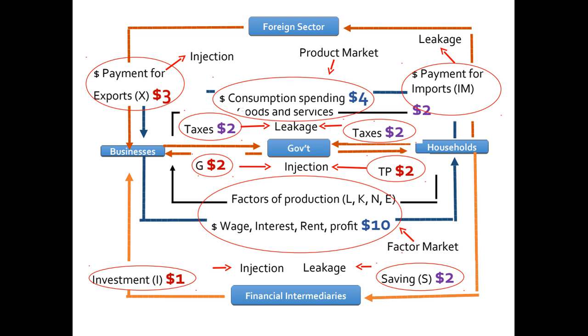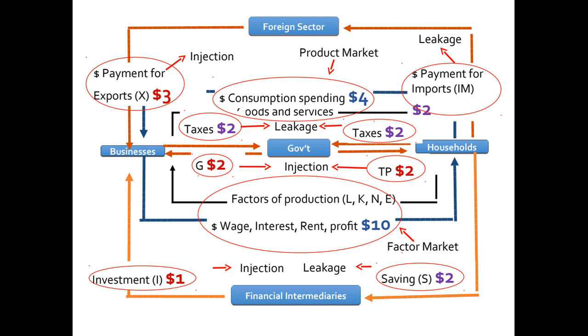So notice a number of things. First, it is much easier to calculate total leakages and total injections using the formula that we discussed earlier. If you want to calculate leakages, you have to add these numbers.